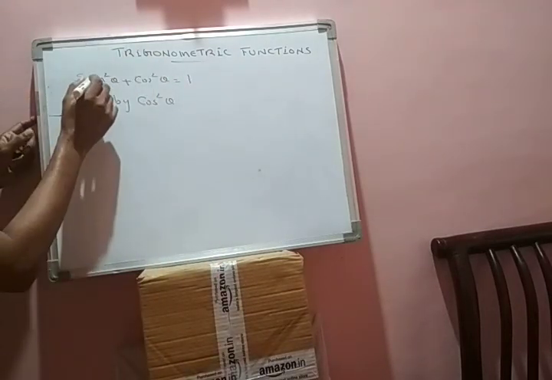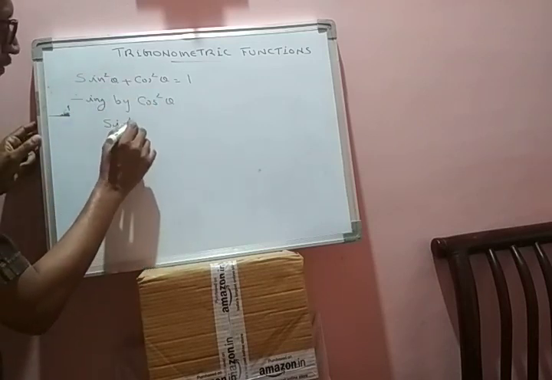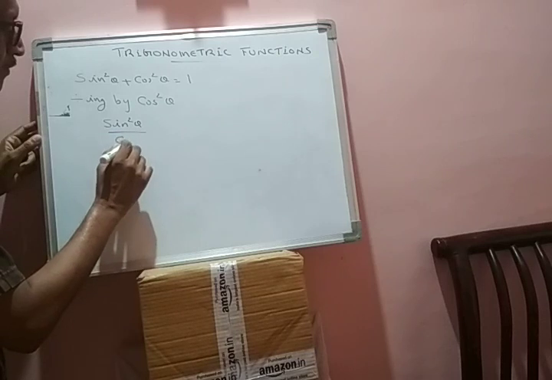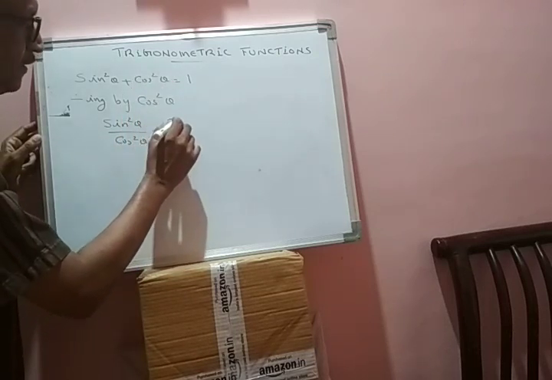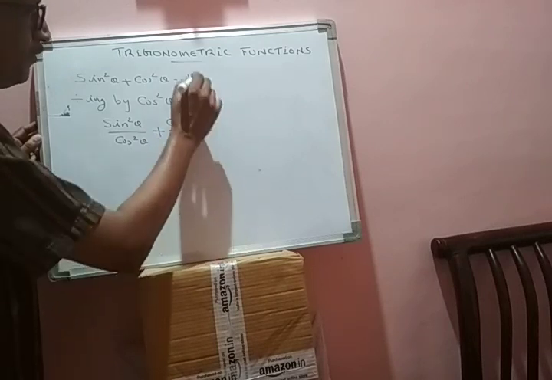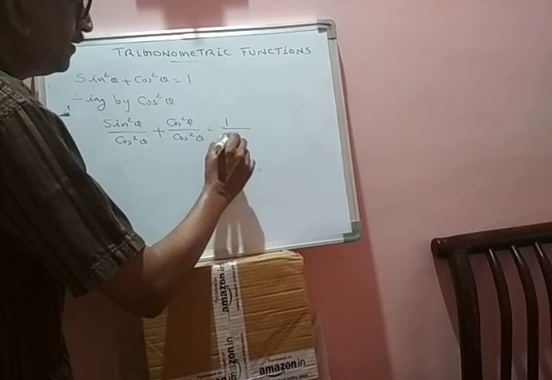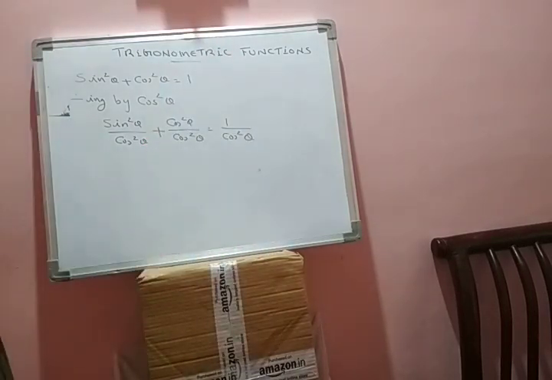Therefore, we get sin squared theta divided by cos squared theta, plus cos squared theta divided by cos squared theta, is equal to 1 divided by cos squared theta. Divide each expression by cos squared theta.